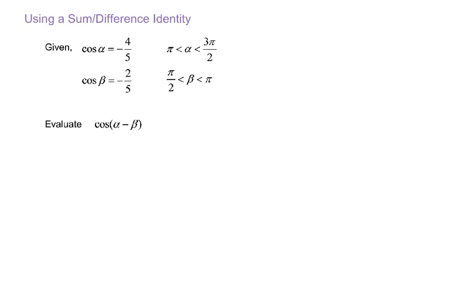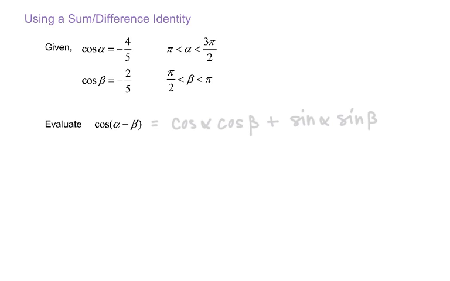All right, so we don't have a lot to go on here. One thing that's important is knowing our cosine difference identity. By definition, I can take the cosine of the difference of two angle measures, alpha minus beta, and rewrite that as cosine alpha times cosine beta plus sine alpha times sine beta.